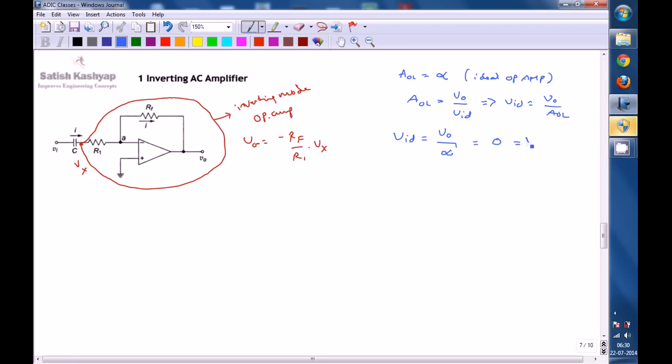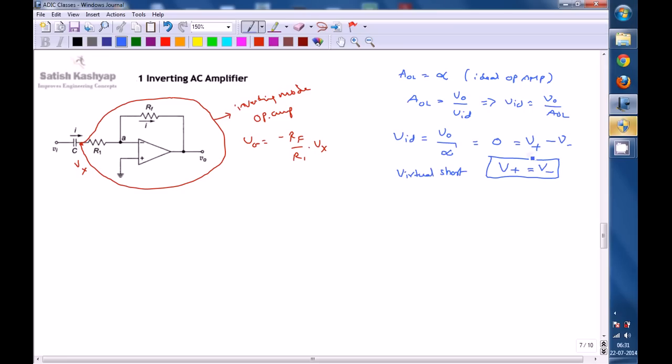VID is the difference between the voltage at the non-inverting terminal and at the inverting terminal, so V plus is equal to V minus. This concept is called virtual short.